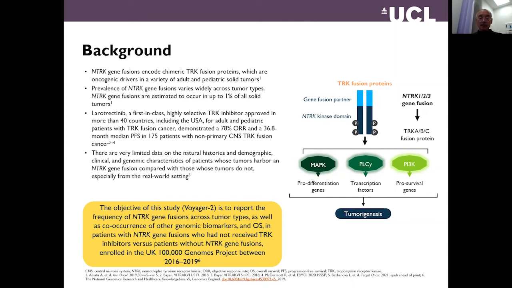So larotrectinib and indeed its friend entrectinib, from two different pharmaceutical companies, two actually very similar drugs, have been approved pretty much across the world, including by NICE, for use in adult and pediatric tumors with TRK malignancies, and the numbers are extraordinary.